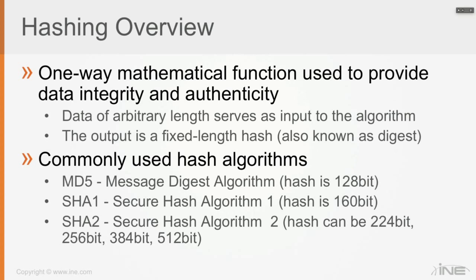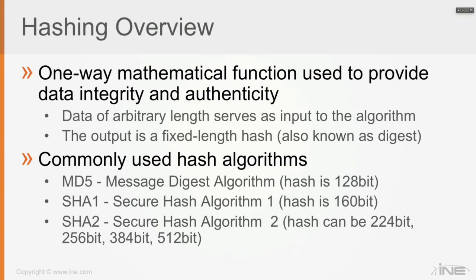SHA-1, which stands for Secure Hash Algorithm version 1, has a fixed hash length of 160-bit. And SHA-2, Secure Hash Algorithm version 2, where the hash can be 224-bit, 256-bit, 384-bit, or 512-bit in size.